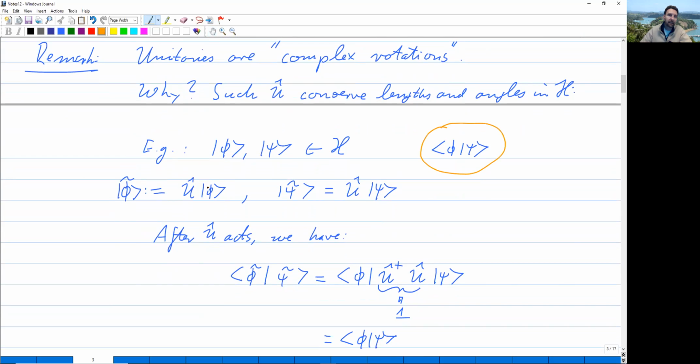So let's say we take phi, apply the unitary transformation on it, and we get phi tilde. Similarly, under the unitary transformation, our psi goes into a vector that we may call psi tilde. Now let's see, what's the inner product between psi tilde and phi tilde? And how does it compare to the original inner product before they were mapped under a unitary?